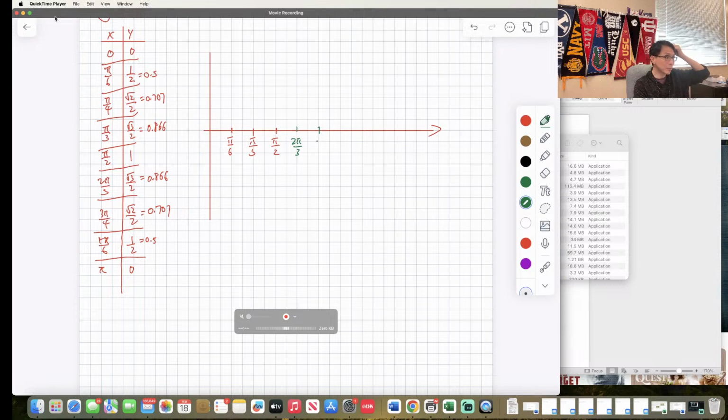So 150 is what? 5 pi over 6. Wait, hold on a second, that doesn't make sense. Give me a second. 30 degrees, 90 degrees, 2 pi over 3.